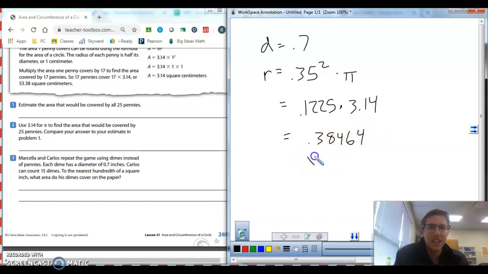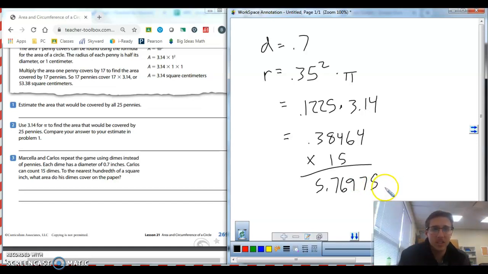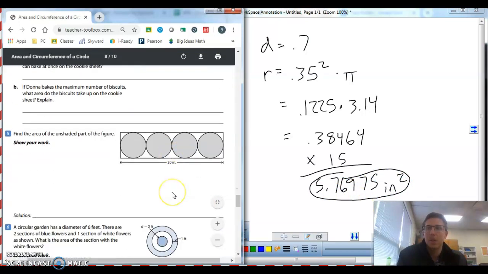He's got 15, so they want to know the total area of all of his dimes, so we need to multiply that number by 15, and you get 5.76975. It's in terms of inches, so that would be square inches. Okay, so that'd be your answer for that one. Okay, next page.